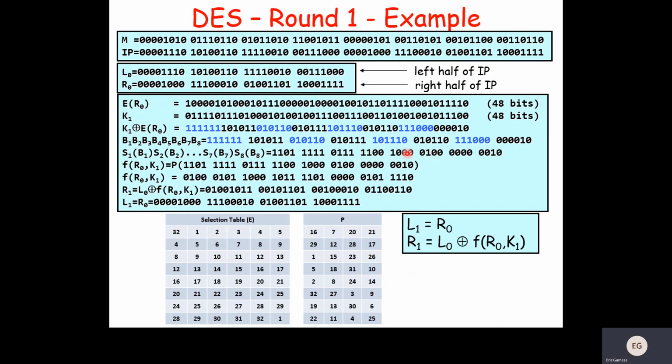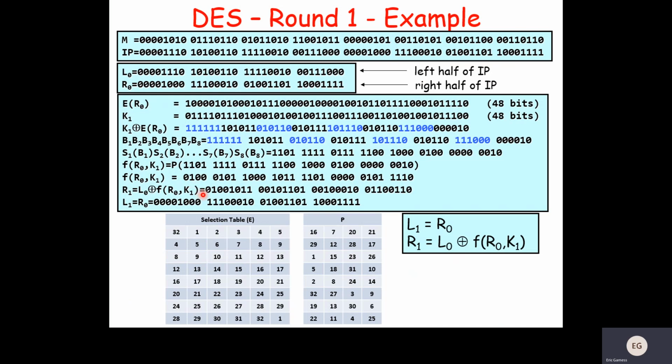Then over this binary number, which is 32 bits, you apply the P table, the permutation table that we saw, this one. And you will get this result. You will XOR it with L0, and you will get that.